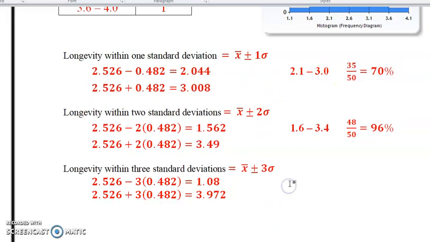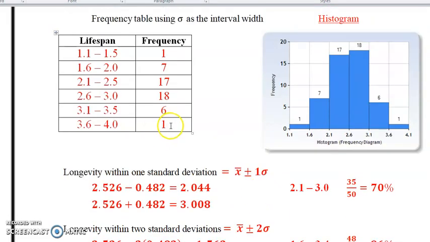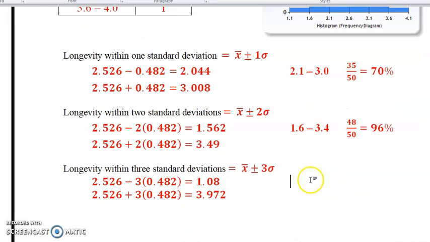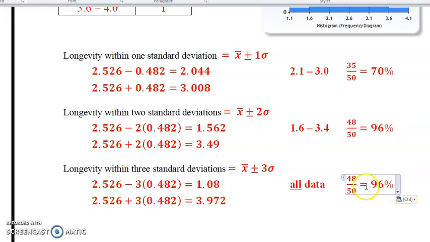And then obviously from 1 up to 4, that's every piece of data that we have. So all data, so that would be 50 over 50, which is obviously 100%.